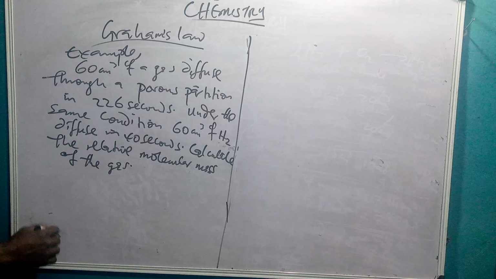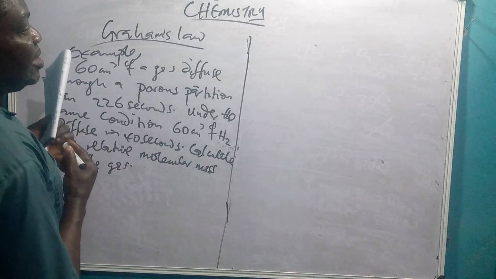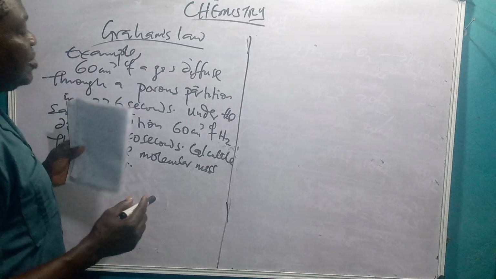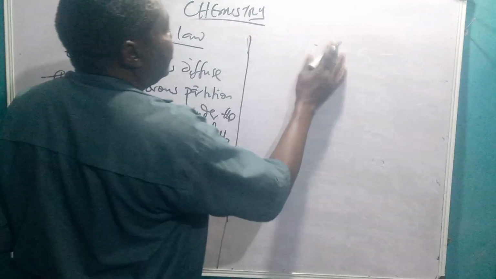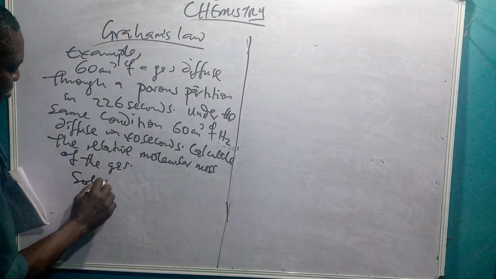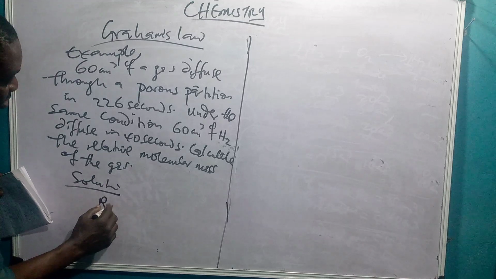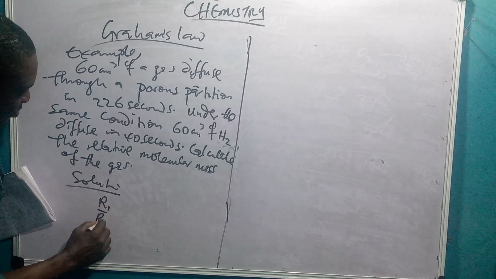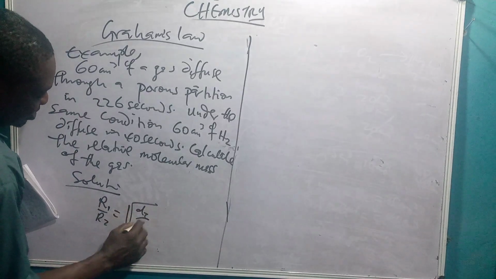Now, there are so many formulas you can use. The notable formulas applicable to this topic are usually three. First of all, let me write it this way, solution. You have rate of diffusion, R1 over R2 equals square root of D2 over D1.